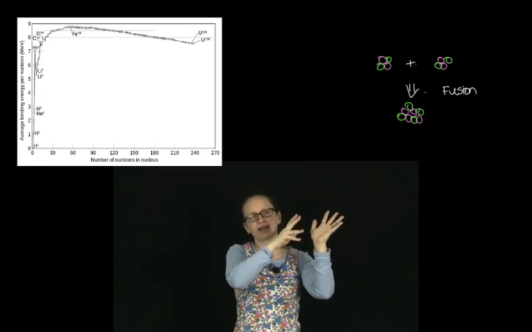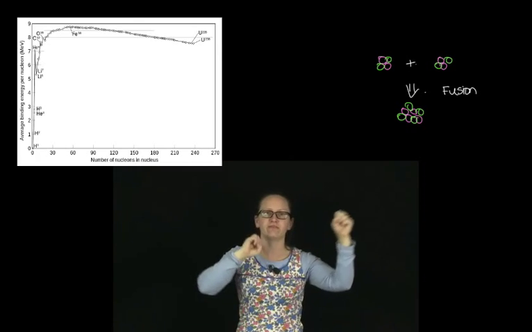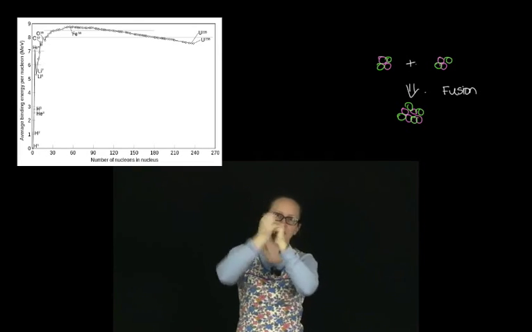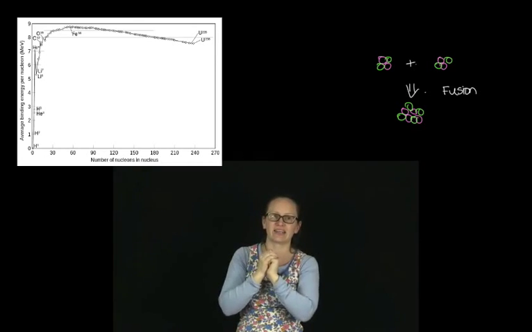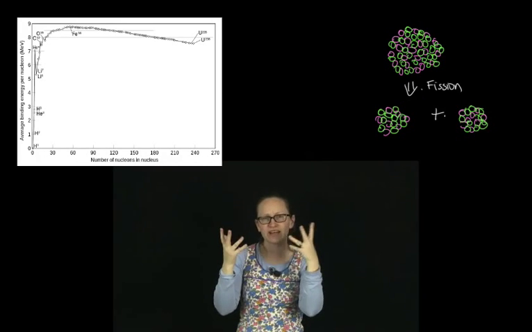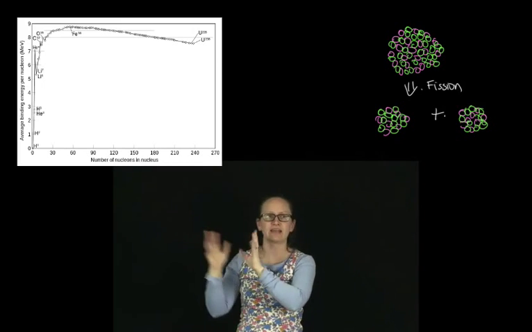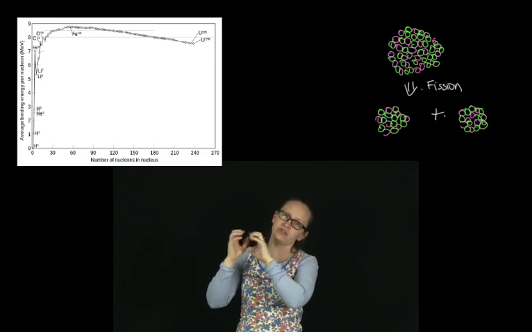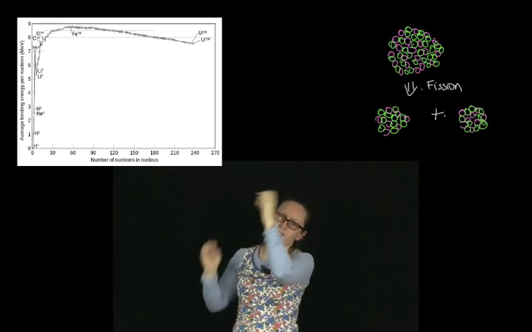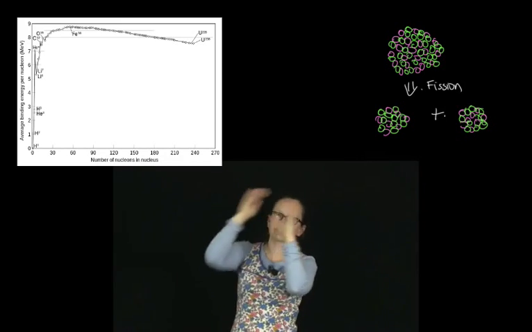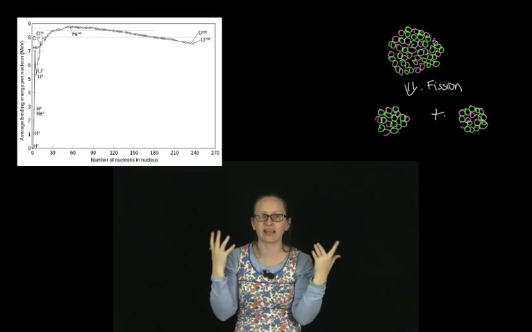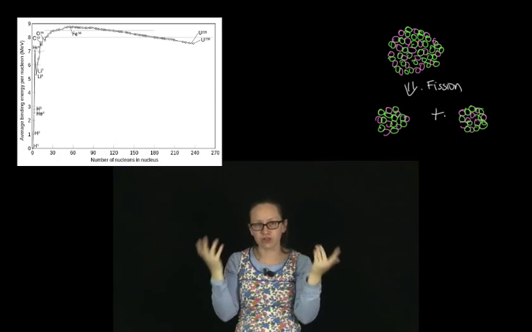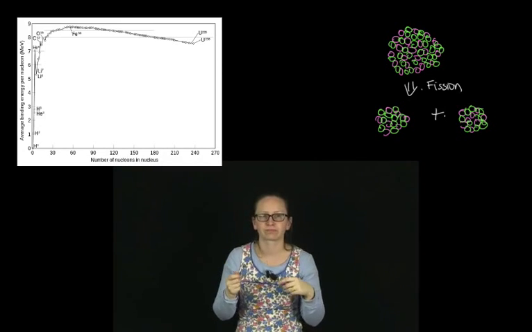So the lighter elements will tend to undergo fusion, which means they'll tend to stick together to try and turn into bigger elements which are more like iron. The really heavy elements, on the other hand, like uranium, will undergo what's called nuclear fission, where they'll try and fall apart in order to make smaller nuclei, which are more like iron. So this is really important in nuclear power plants. It's how we get energy out of nuclear reactions.